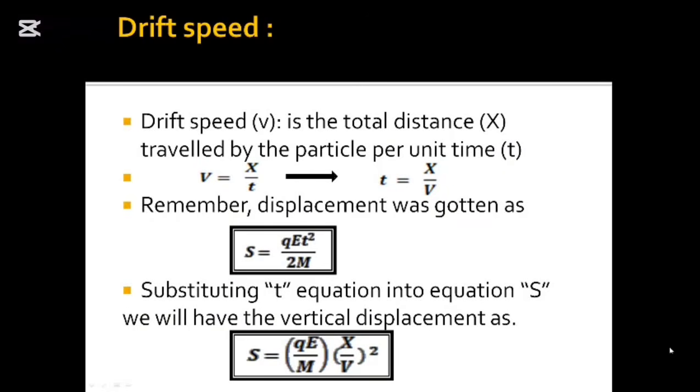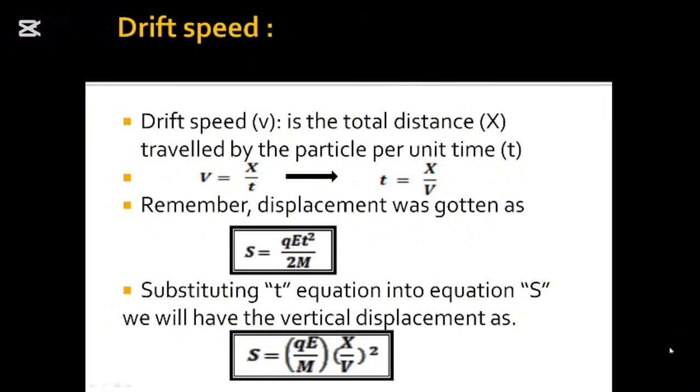Now, if you remember the displacement we just finished in the previous slide, the equation of displacement said that x is equal to qEt squared all over 2m. And drift speed being v equal to x over t, that is total distance over time. If I make t the subject of the formula, what will I have? I will now have the total distance divided by the velocity.